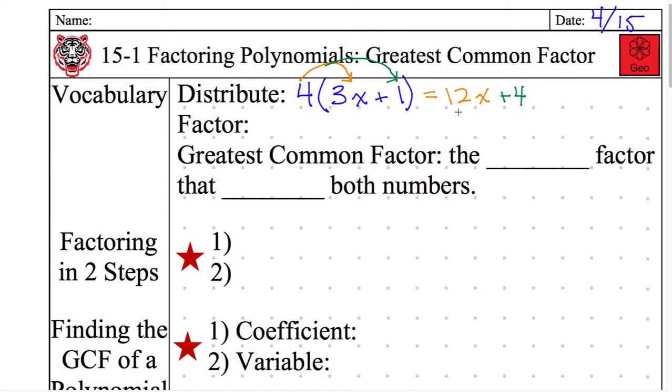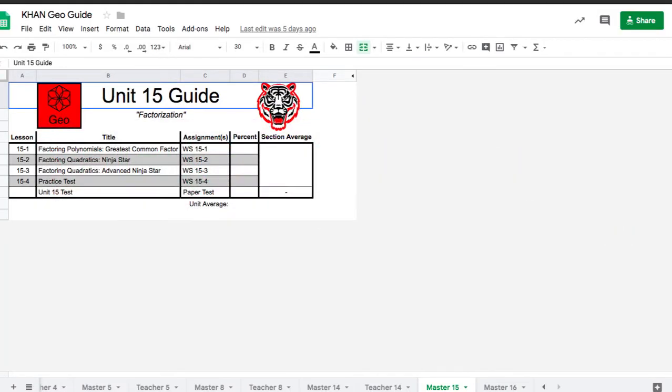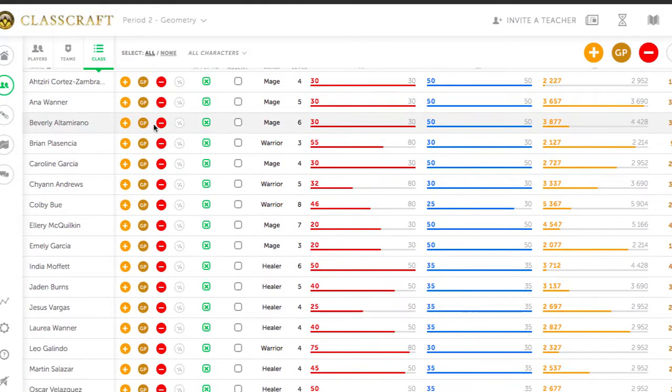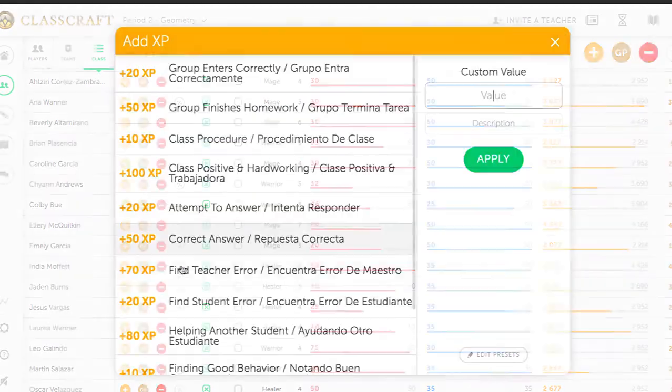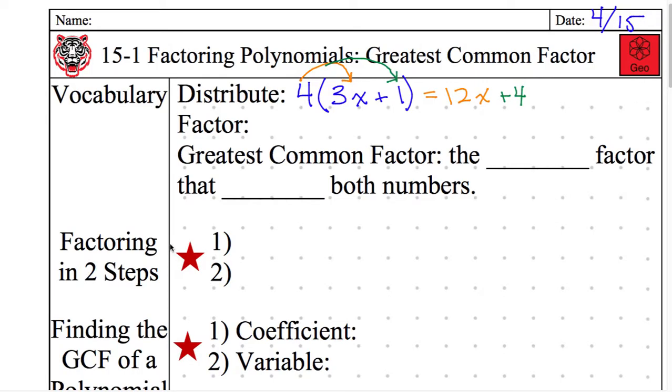So that's distributing. That was Unit 14. All of Unit 15 is going backwards of Unit 14. So if you know what Unit 14 is, then you can go backwards. Let's come back over here. Make sure that I'm doing this as well. So India, you are in. And I'll get the marbles up here as well. So factoring, that's just backwards distribution.